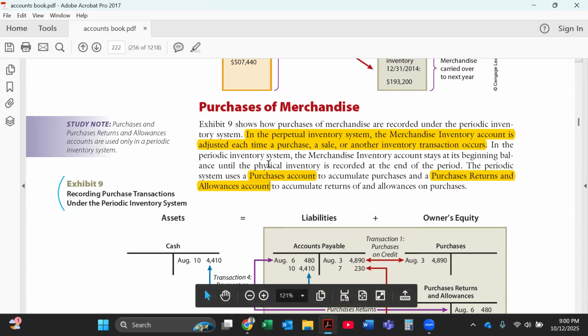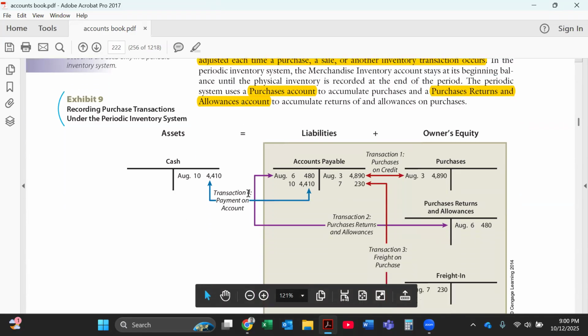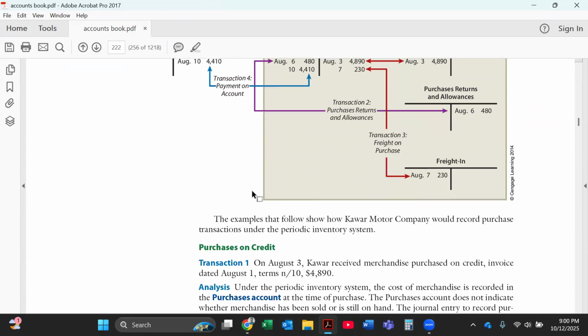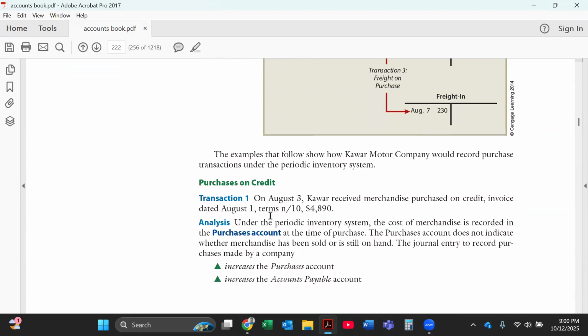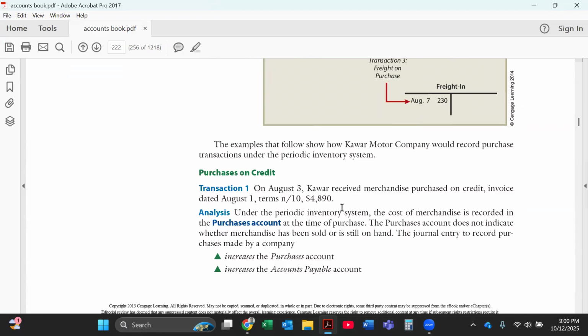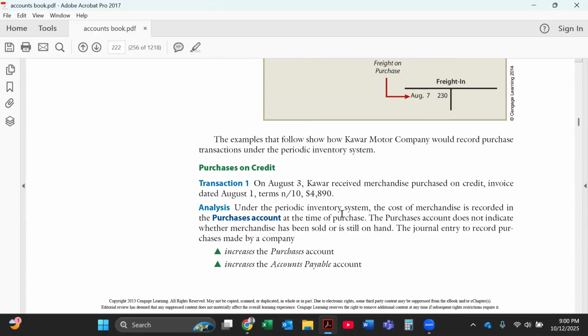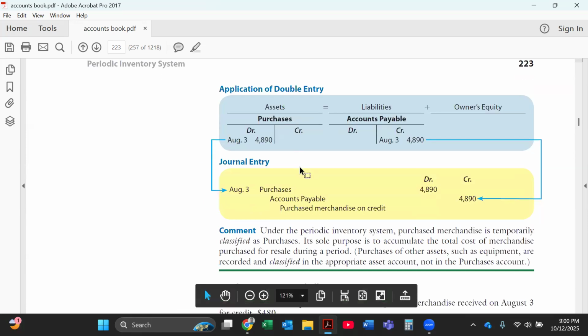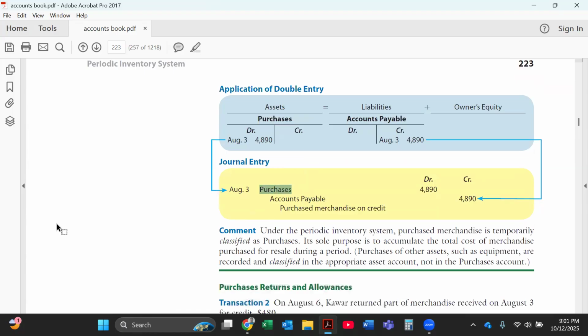And so let's see how it differs from the perpetual. So in the same question here, it says in this case, we purchased merchandise on credit for $4,890. Underneath the perpetual method, we would have debited merchandise inventory and credited accounts payable. Underneath the periodic method, we don't call the account merchandise inventory, we call it purchases. That's the only difference.